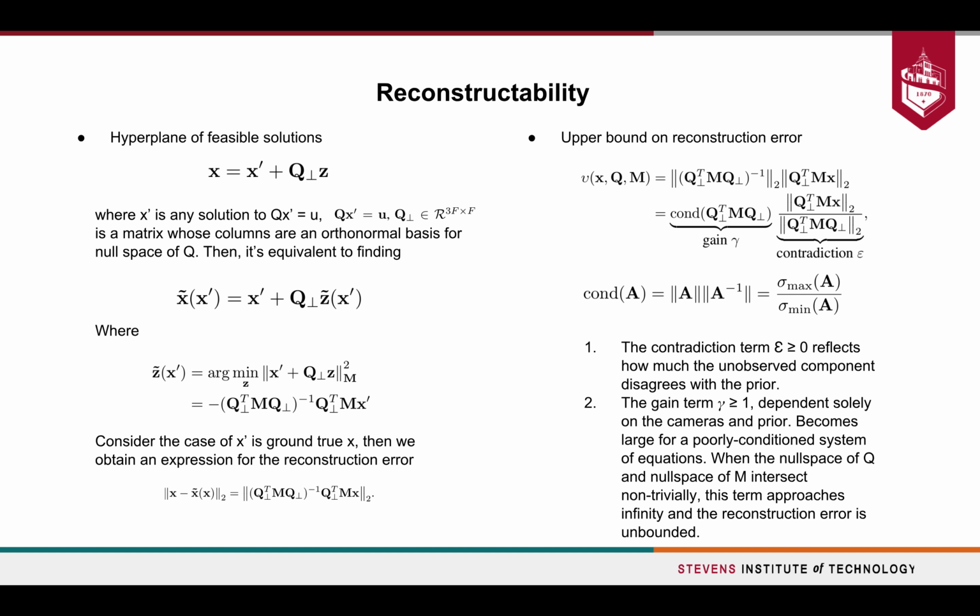Then in this function, the only variable is z, which is the component in the null space of Q. So it basically minimizes the cost function with respect to z, and since this is a quadratic function, we can take the derivative, set it equal to 0, and find z, which is in this form.